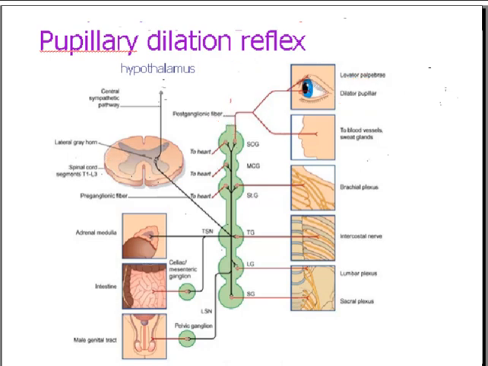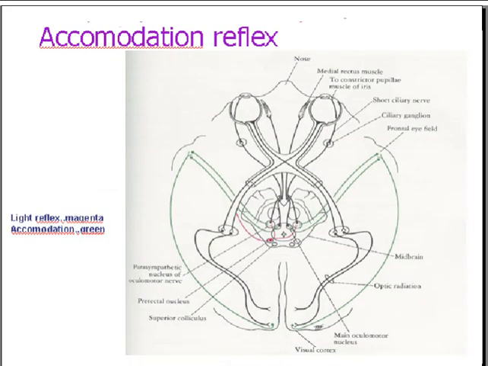Let's look at the accommodation reflex. In the accommodation reflex, you have three things happening. First, the ciliaris muscle contracts, and that relaxes the suspensory ligament. Let's go back to the previous picture up here.